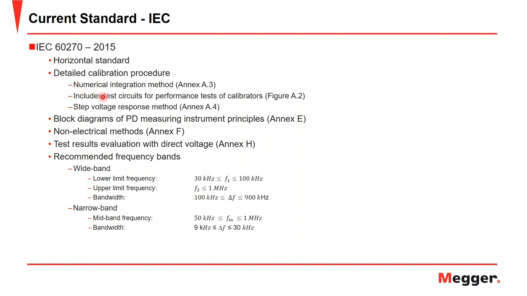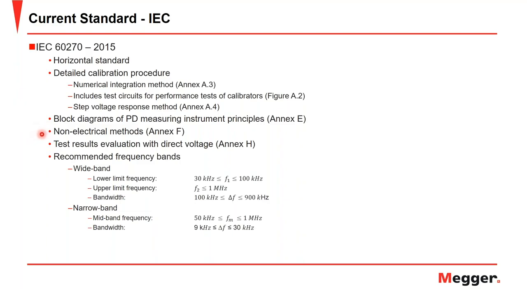The numerical integration method can be seen in Annex A3, while the step voltage response method can be seen in Annex A4. And you can see some figures of test circuits with their calibrators in figure A2. The standard has block diagrams of partial discharge measurement instrument principles, which we just covered.